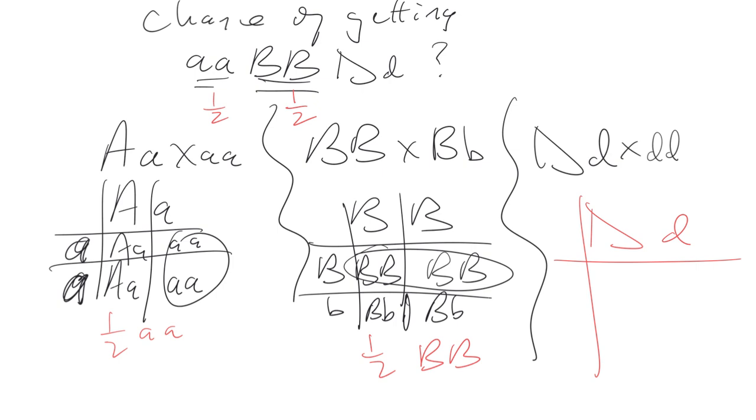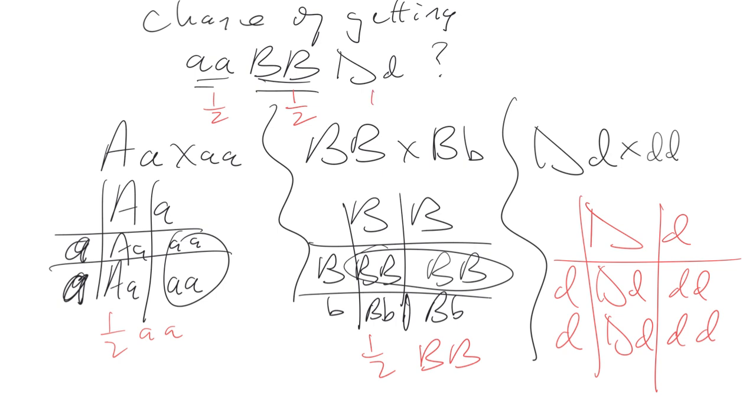So do a Punnett square. So that'd be half as well. So what's the chance of me getting this? That would be 1/2 times 1/2 times 1/2, which is 1/8. 1/8 of the kids will be that.